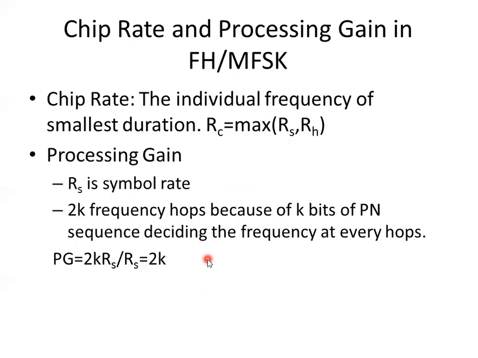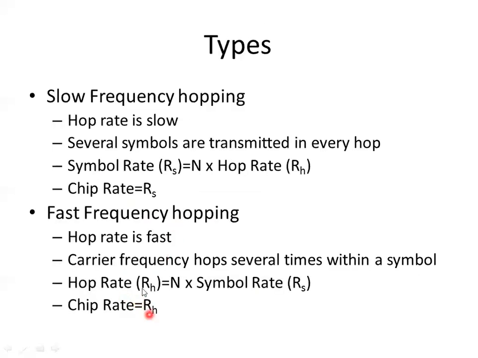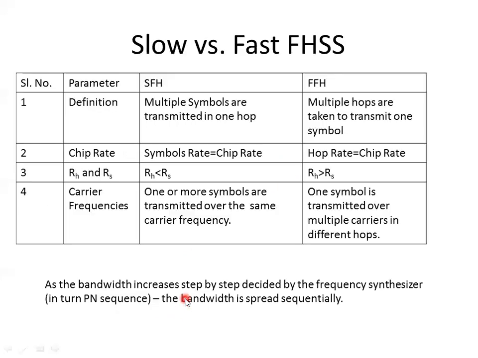What was n in the example that we took? It was equal to 2. And chip rate is RH. Why? Because in case of fast frequency hopping, the maximum of RS, RH turns out to be RH. So this is just a quick comparison of slow versus fast, which I discussed already. You can take a look at this.